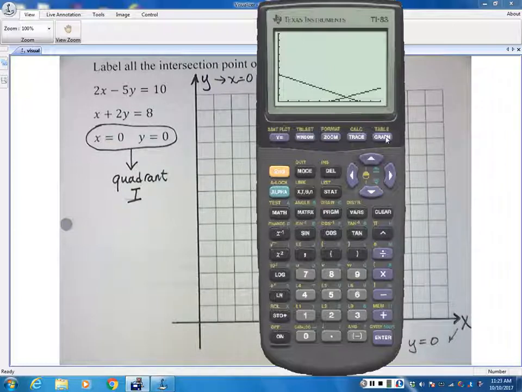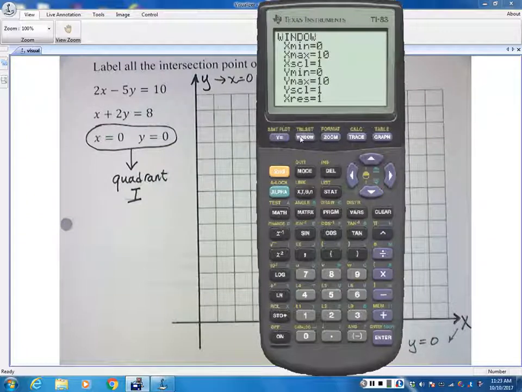Can you put it back to the windows? All we did was we used the Zoom standard window and we just changed the X minimum and the Y minimum to 0. Not working?